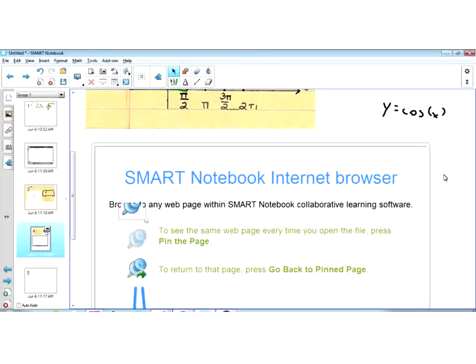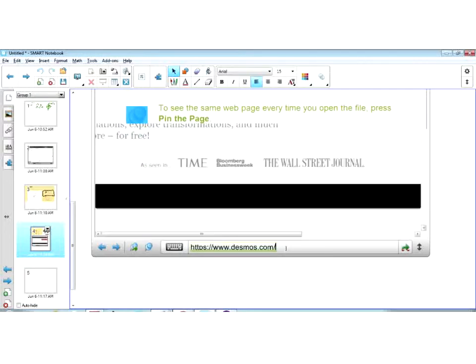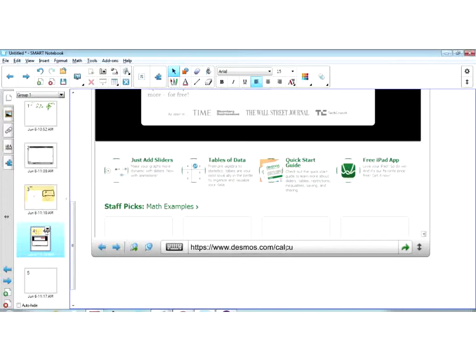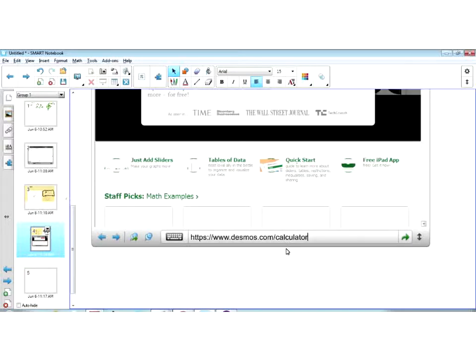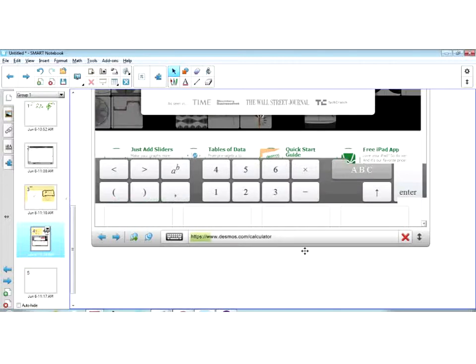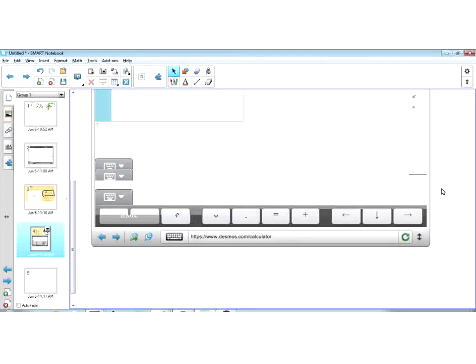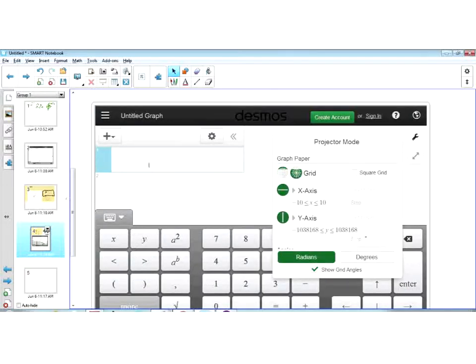Okay, so now we'll go to our calculator tool, and we'll switch to our graph paper mode to polar.